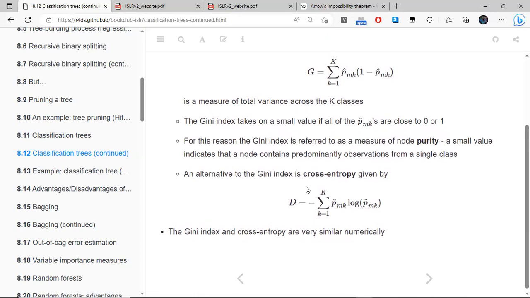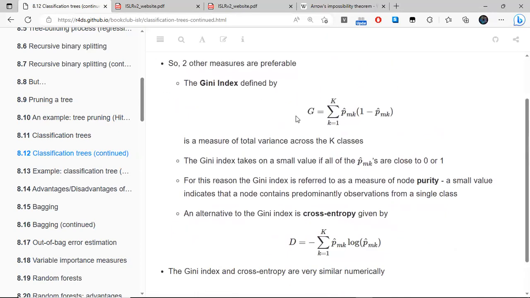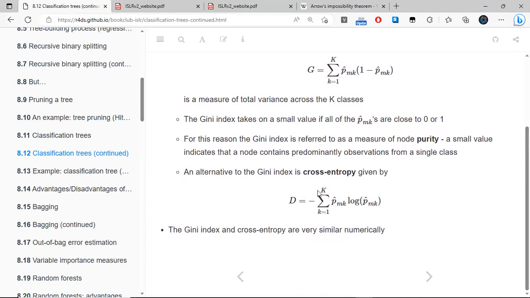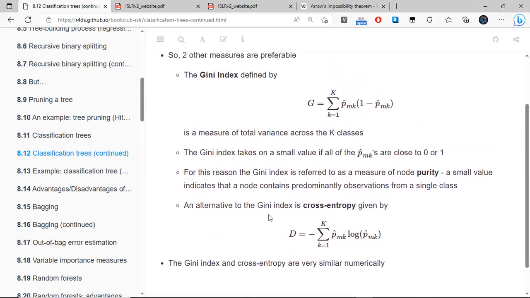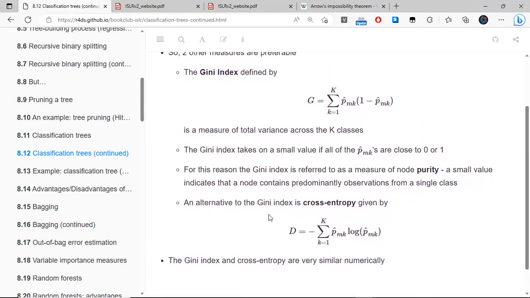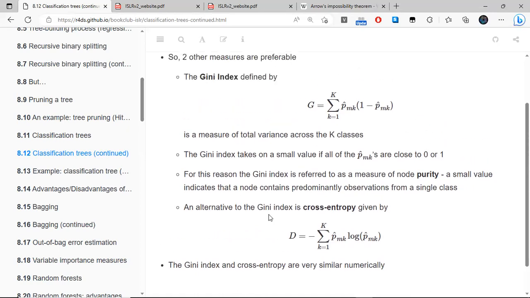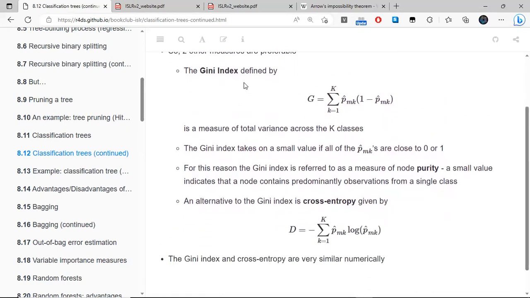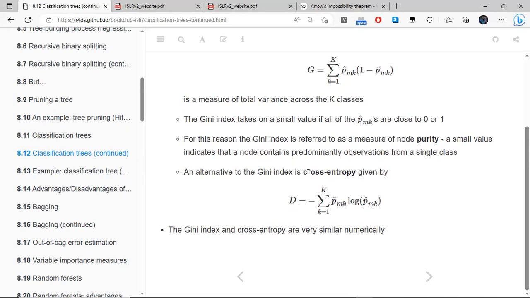And there is another possible replacement for the RSS, the cross entropy, this value over here. They have a similar interpretation, and the accuracy of the predictions does not change as much when considering the Gini index or this cross entropy value.